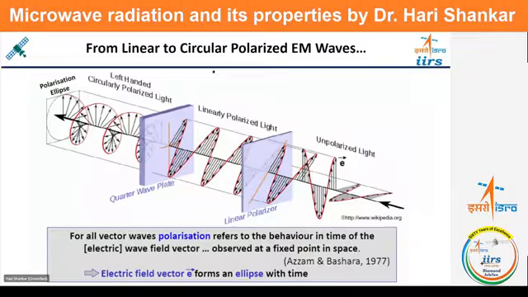Means if this line is in the horizontal direction, then these vibrations will happen in the horizontal direction, and that light is called horizontally linear polarized light, or you can say horizontal polarization. If we put this line in a vertical plane like this, then we are getting vertically polarized light. If we create it like this, it means this is linear but at angle theta.